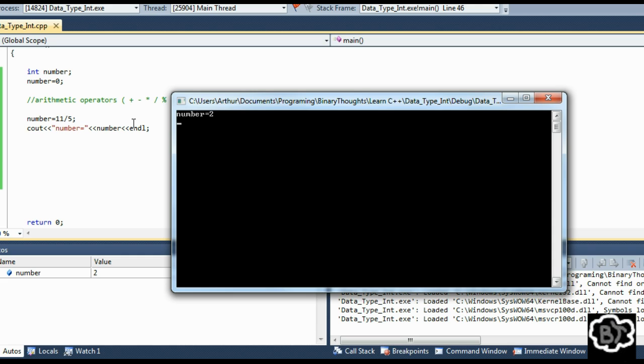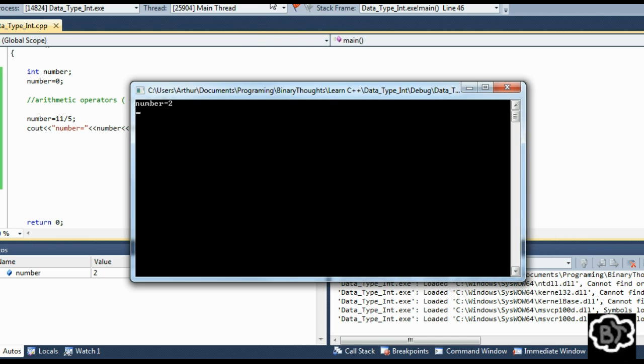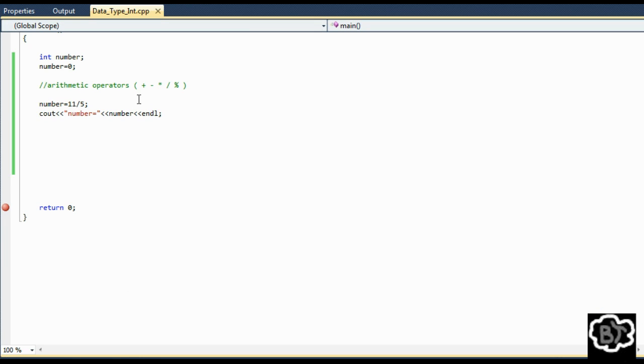It's correct in the way that C++ is designed to work, but it isn't quite the result that we were hoping for, or at least not what I was hoping for when I first started coding in C++. The reason why it gives us the value of 2 is, again, integers can only hold whole numbers. So 5 goes into 11 only 2 times. After that, the rest of the information is lost.